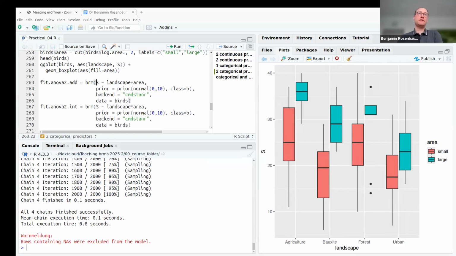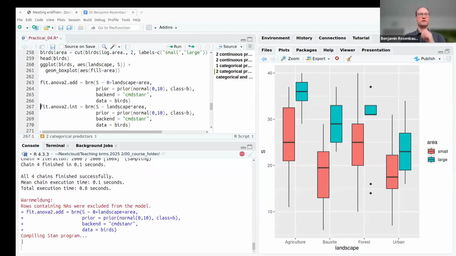Here, actually, this additive model has to be dummy coded. You cannot enforce effect coding here. If I use this, I think you should get an error. Oh no, it does something, but I think the output will be completely nonsense. I haven't checked it. I'm curious what the output will be.